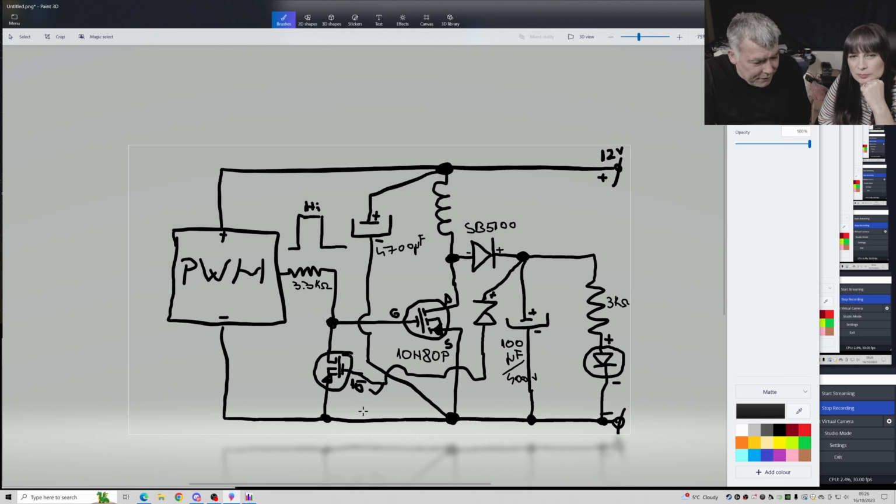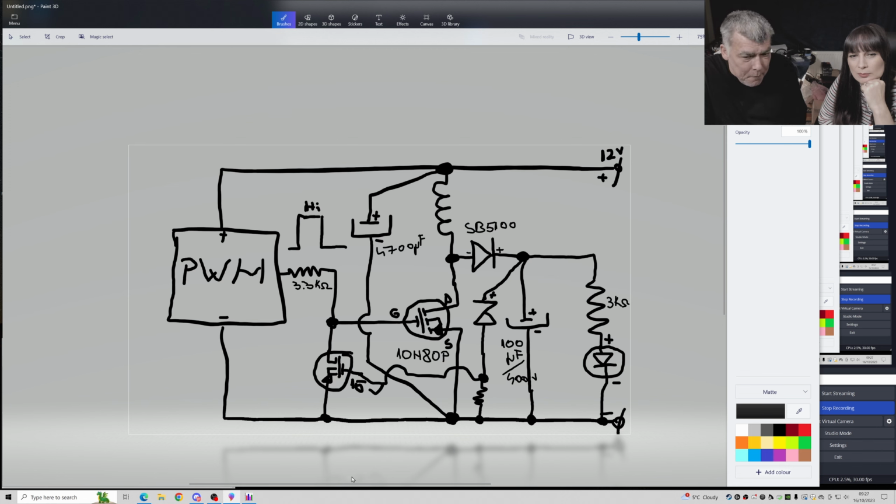So we need a resistor from here to ground. Just to be sure, if here it is low voltage and the voltage is not passing the diode, my gate will be floating. And a floating gate on a MOSFET means 0 ohms across the MOSFET.